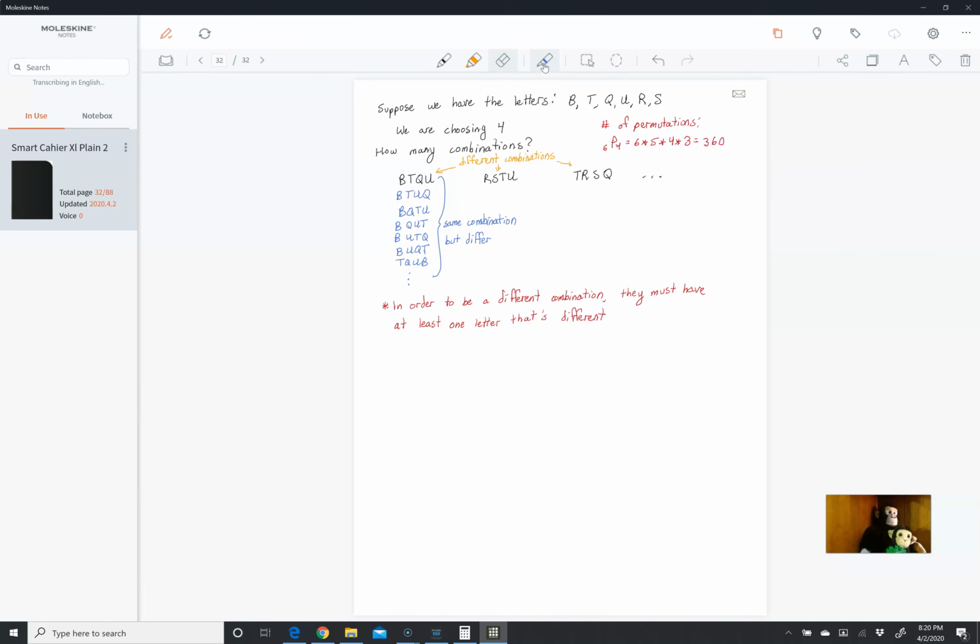So if we want to calculate the number of combinations, what we need to do is we need to get rid of these repetitions. Okay? So how many repetitions are there for each one of these?